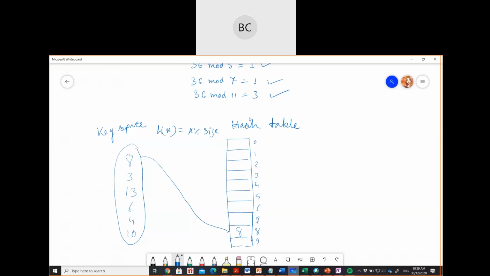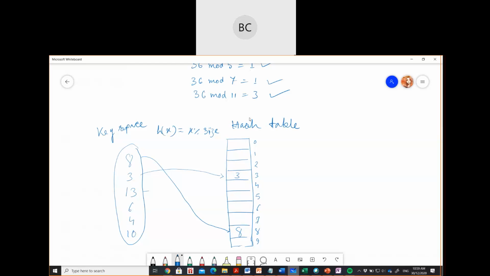Here my value is 8, so I'm going to insert this 8 at index 8. My value is 3, so I'm going to put it at 3. This is direct access table. Now here I have 13, and the table size is just 10. So this is a problem, right?